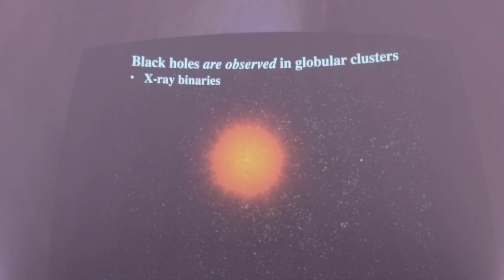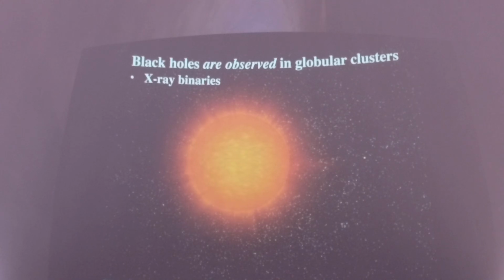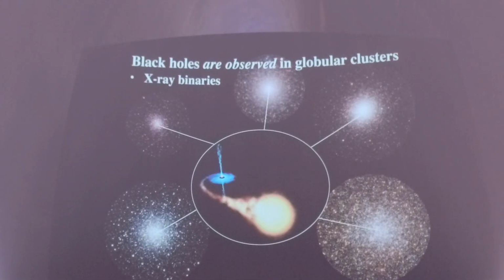And we understood that those are actually black holes pulling material off of binary companions in very close orbits. There are about 6 or 7 of these now, known in different Milky Way globular clusters. So these are X-ray binaries where the black holes are gobbling up material from their stellar companion.